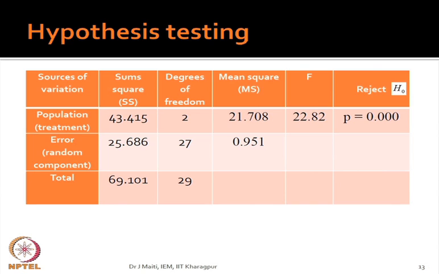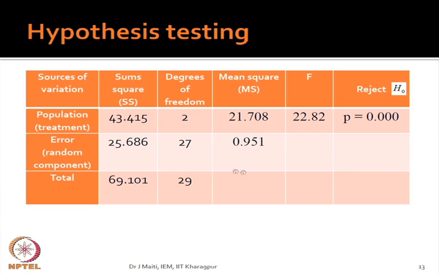Because there are 3 processes, the degrees of freedom are 3 minus 1, that is 2, and there are 30 total observations, so 30 minus 1 is 29, and the difference between 29 and 2 is 27, which is the error degrees of freedom. Then the mean square is 43.415 by 2, that is 21.708, and for error it is 25.686 by 27, which is 0.951.